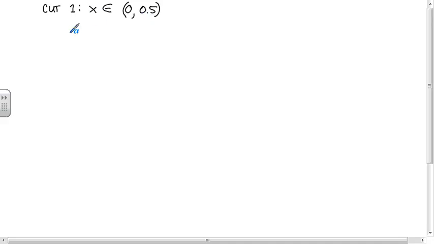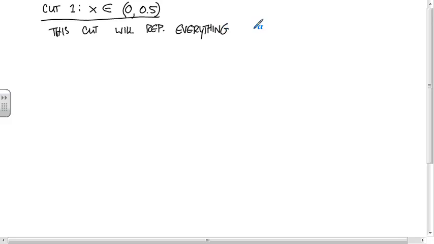And so what that means is this cut will represent everything from, so what if x was equal to just something just bigger than 0, 0.00001?